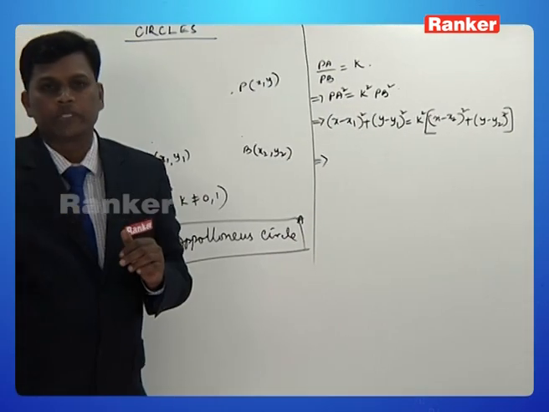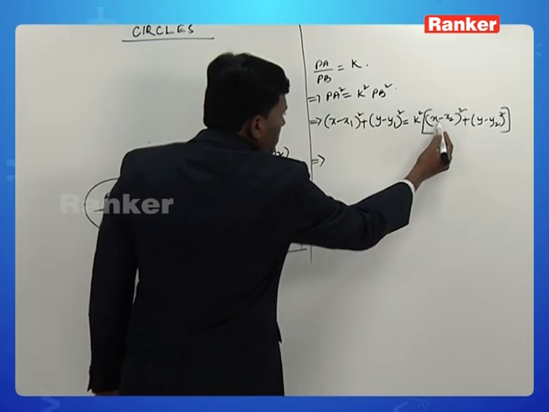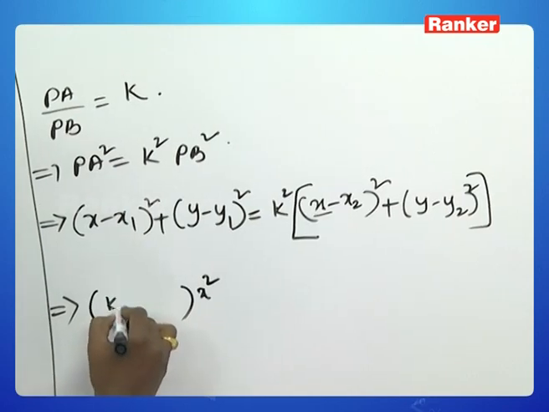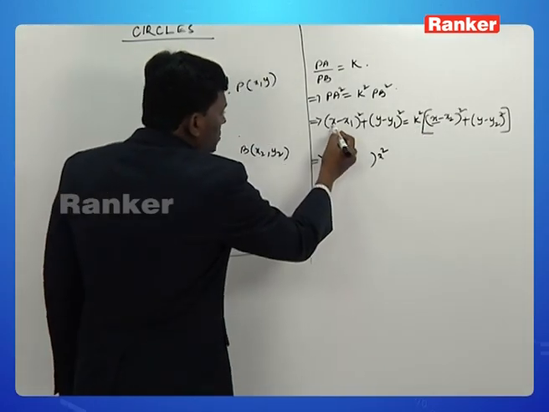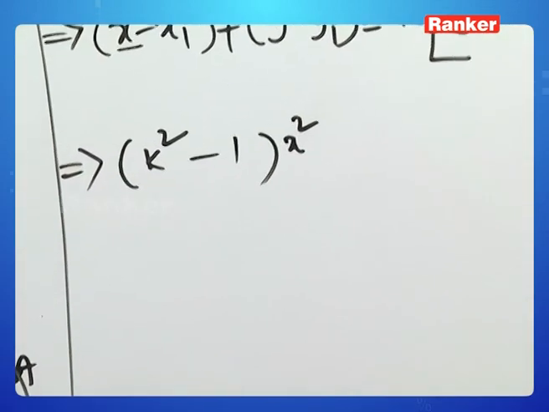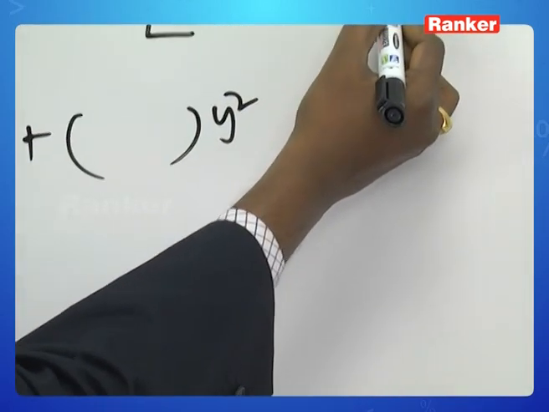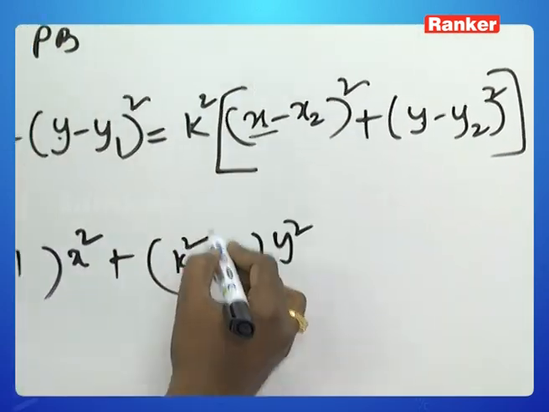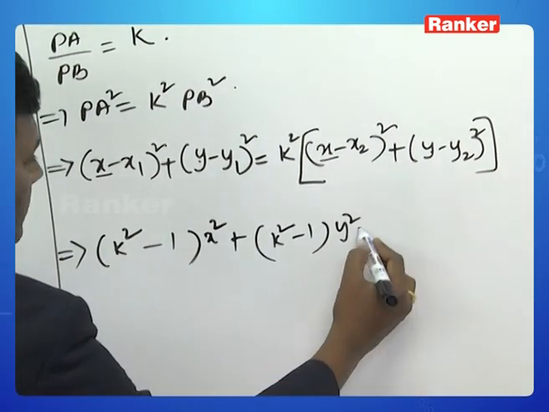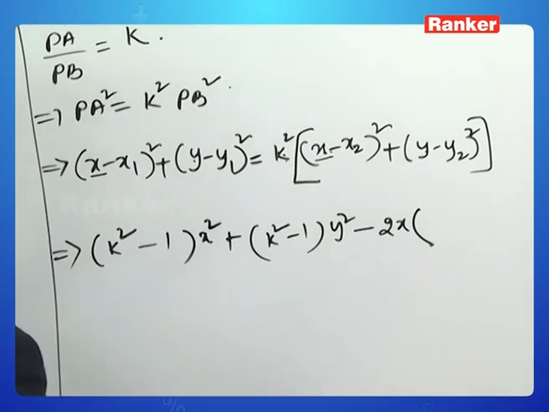Simplifying this lengthy equation, writing these similar terms together. In this, the first term is x square into its coefficient k square. Here x square coefficient is 1, transferred to the right side, it will become k square minus 1 times x square. In a very similar way, y square coefficient, here k square, here 1 transferred to the right side becomes k square minus 1 times y square. X terms: minus 2x x2 into k square, take minus 2x common.